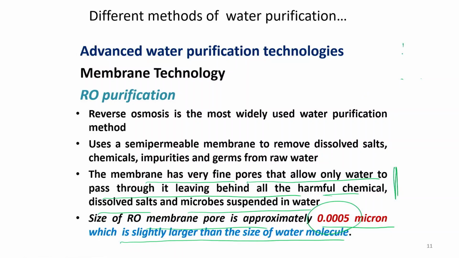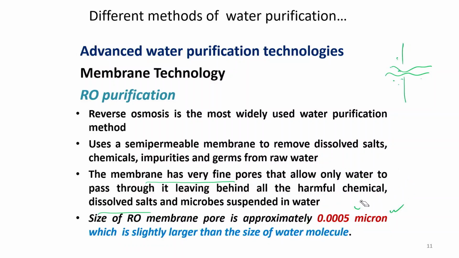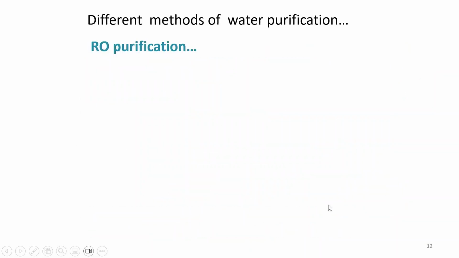So, it will allow only the water molecule to pass through, but any other particle dissolved in water which is larger than this size will be restricted. It allows the water to flow through, and that is why it is semi permeable.